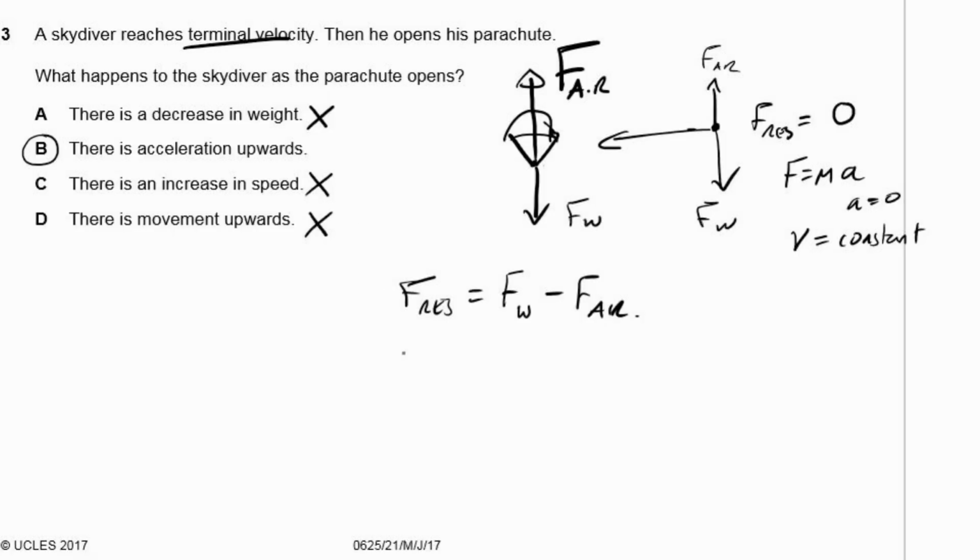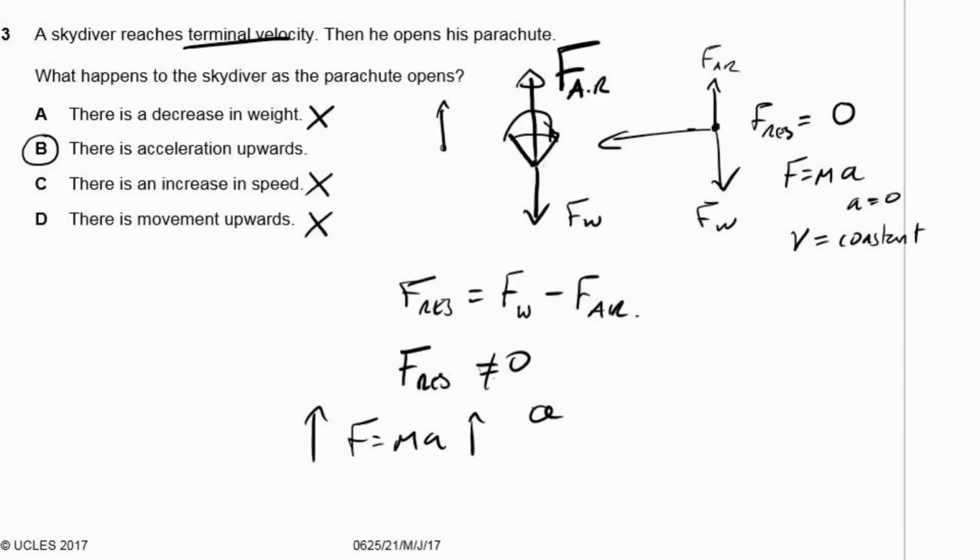What happens then suddenly is we have a resultant force which is not equal to 0, so that gives us an acceleration. In fact, the resultant force in this situation is upwards, which means actually there is an acceleration upwards, because F equals ma. If the force is upwards, the acceleration is upwards. That's why it's answer B.